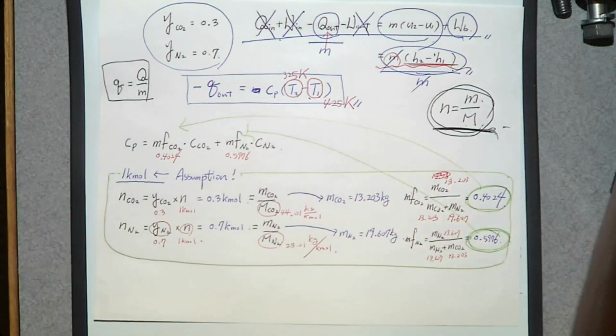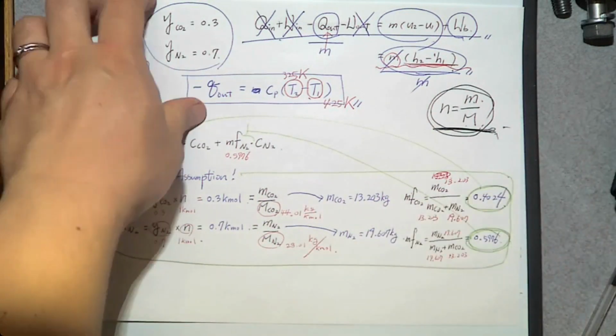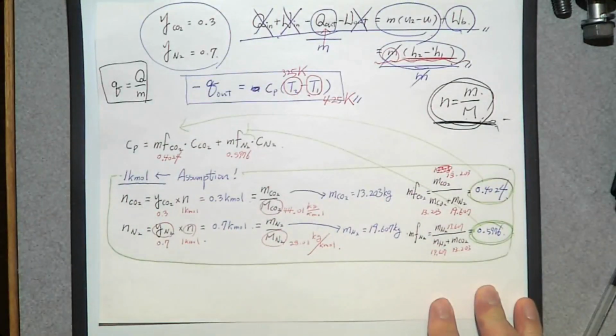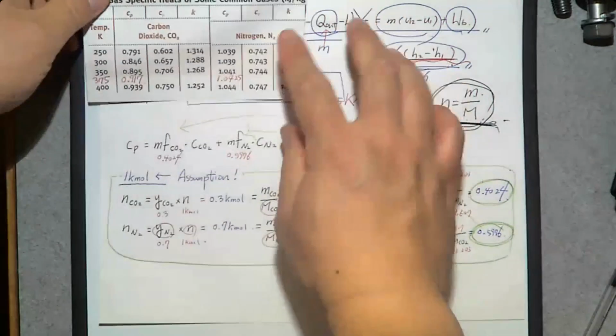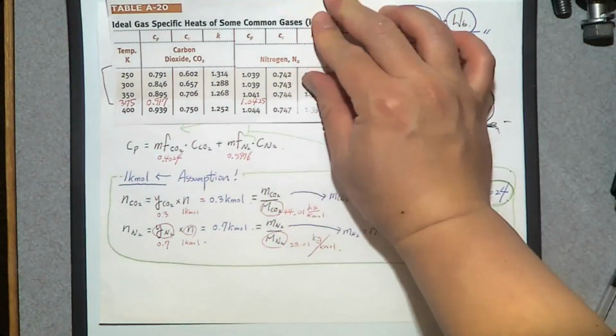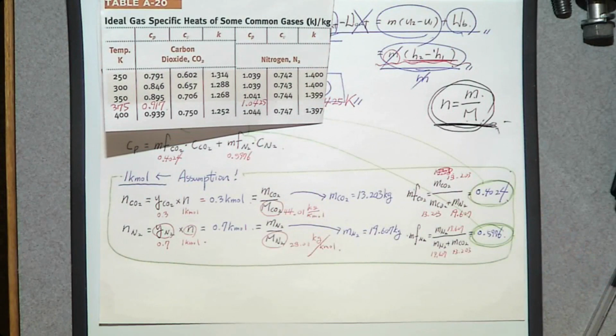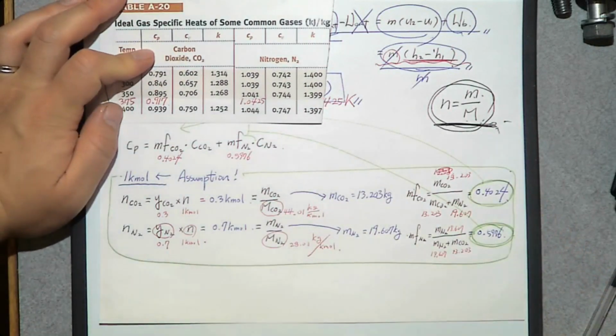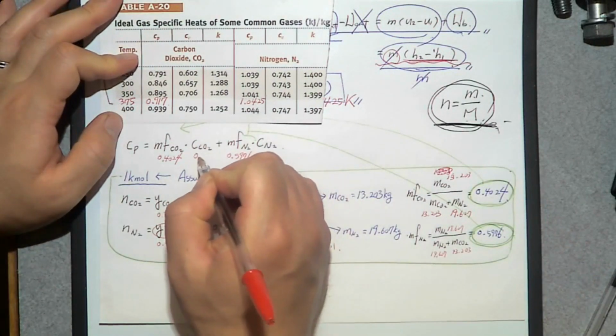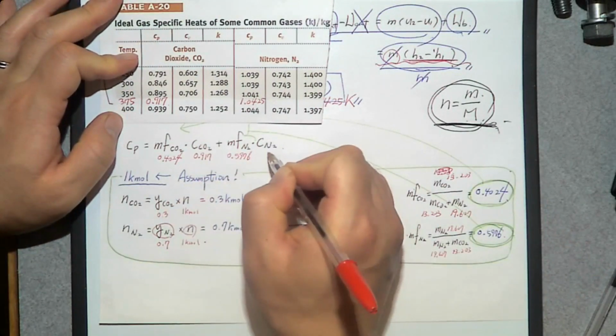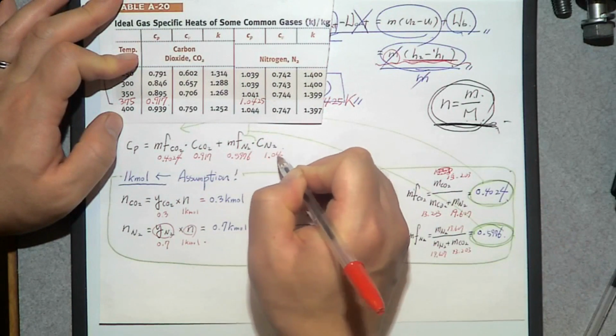Then the specific heat of each component: for carbon dioxide, 0.917; for nitrogen, 1.0425.